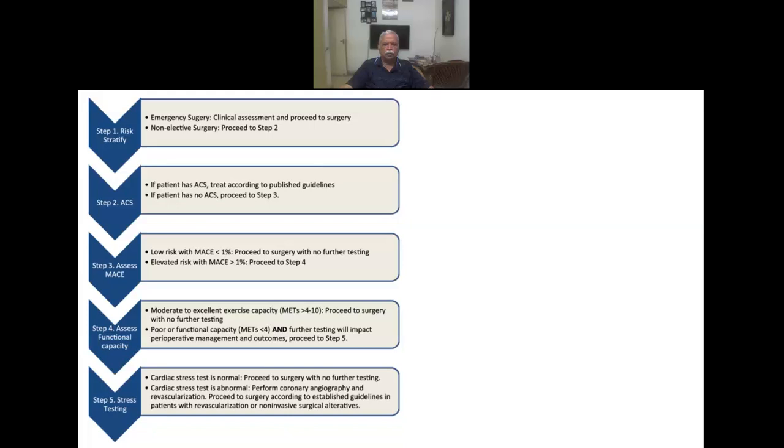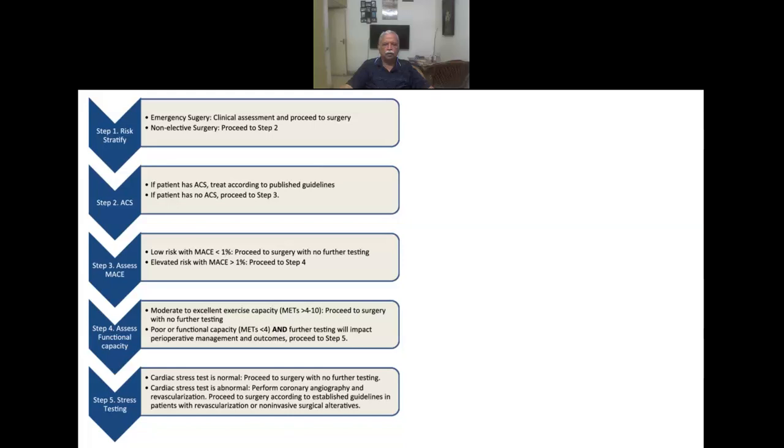If the patient has acute coronary syndrome, treat according to published guidelines. And if there is no evidence of ACS, proceed to step three. Step three is major adverse cardiac events risk. Low risk, less than 1%, proceed with surgery. Elevated risk, you go to step four.